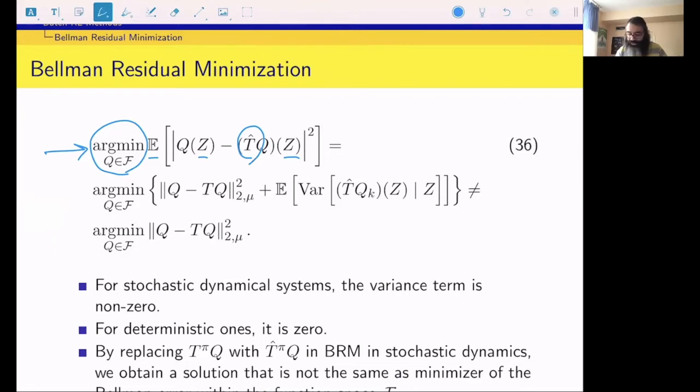So the decomposition that we had was essentially that this expectation would become Q minus T pi Q squared, plus the expectation over Z of the variance of T hat Q. There is no K here.